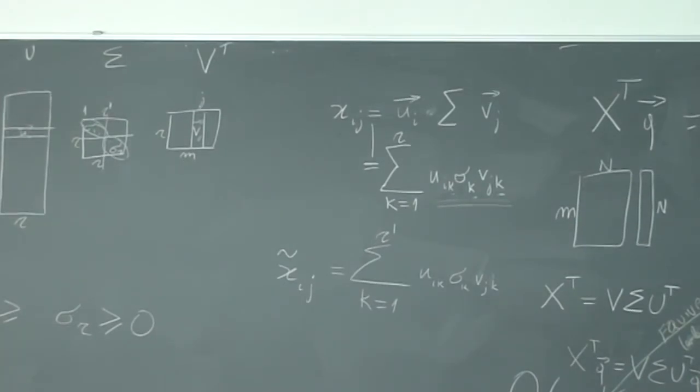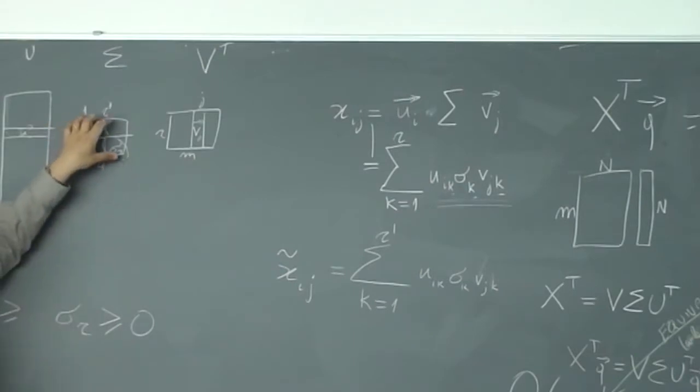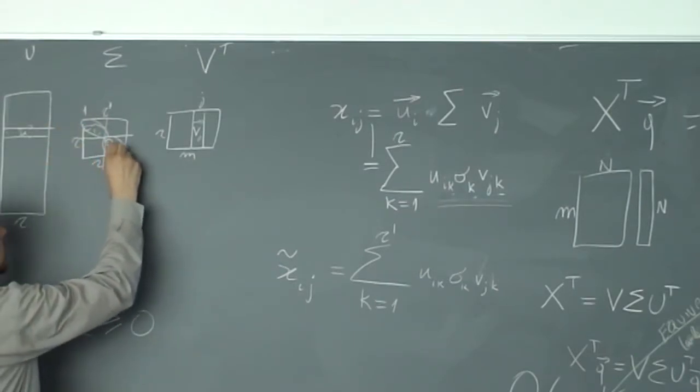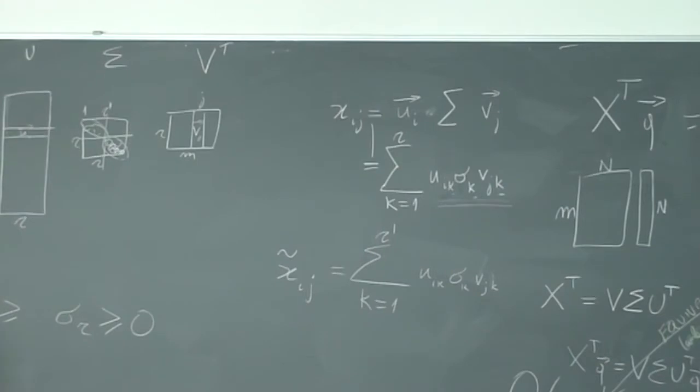This actually amounts to replacing the values from sigma R prime plus 1 to sigma R with zeros. You take this matrix and you force the last elements to be 0. Now you are removing information, but what you get is an approximation of the original matrix, an approximation where you removed some of the less important information.